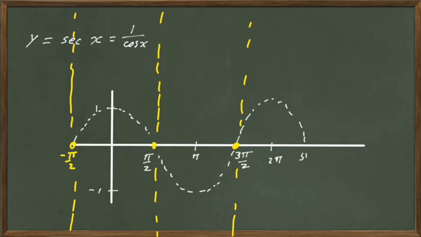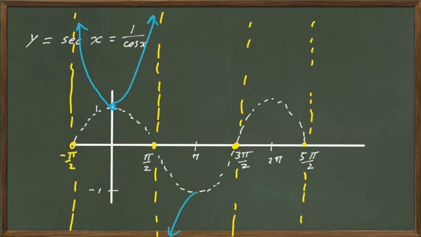If I was to continue this down, it would hit where? 5 pi over 2, I think? 5 pi over 2. I only want one cycle, but again, the actual graph itself comes off of these and approaches these asymptotes. Now, one cycle is only 2 of them.